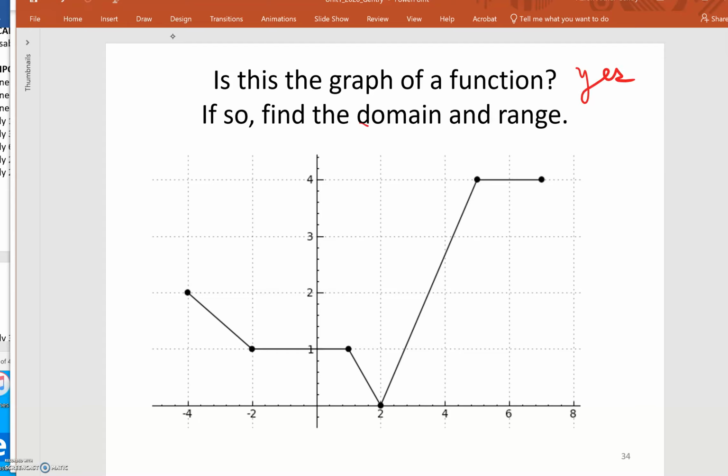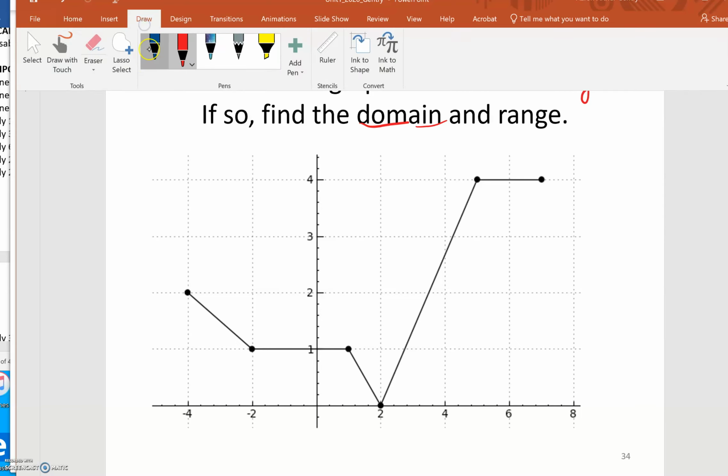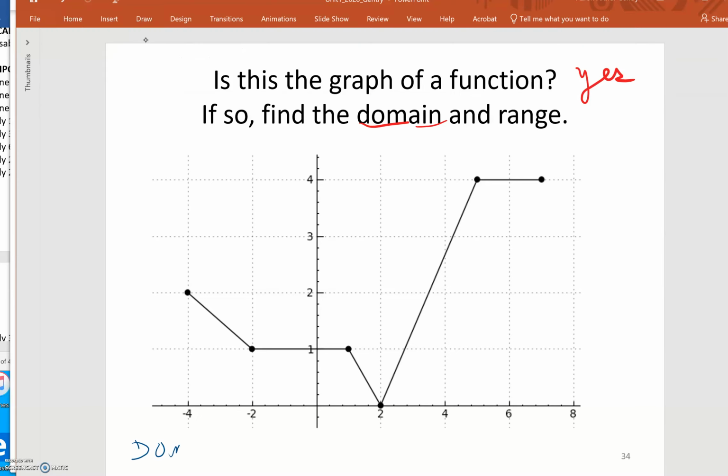The only changes to the domain and range now are that we are working with a continuous function. So instead of curly brackets, in this case, I'm going to use a square bracket, and I'm just going to list the leftmost and the rightmost x coordinate. So for this one, that would be -4 up to 7.